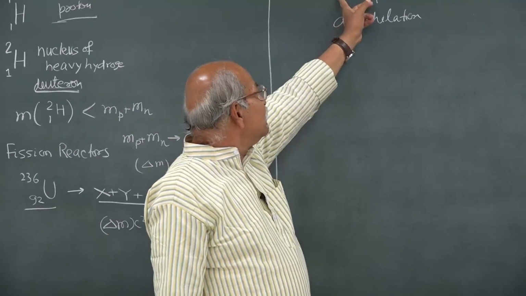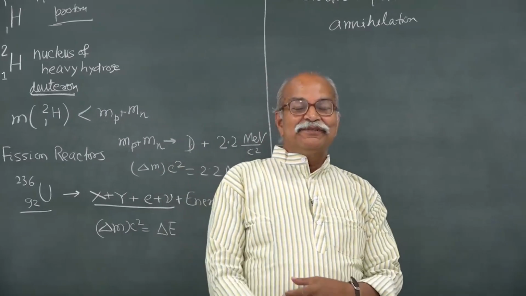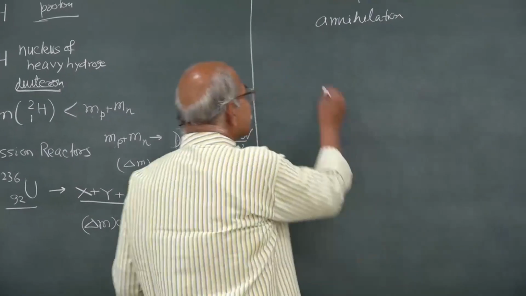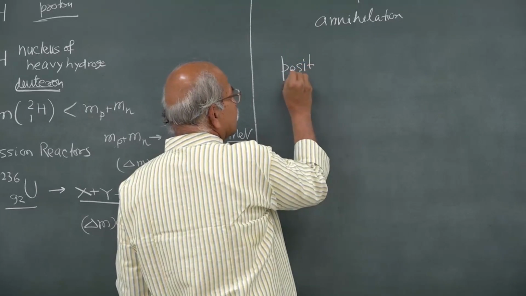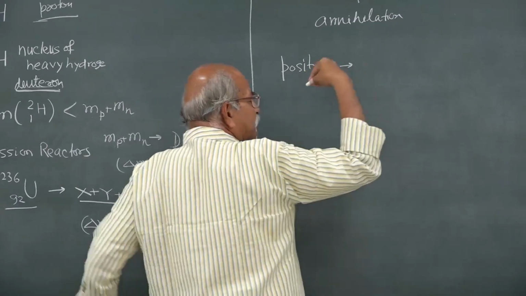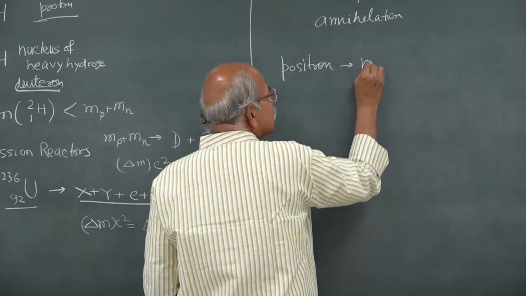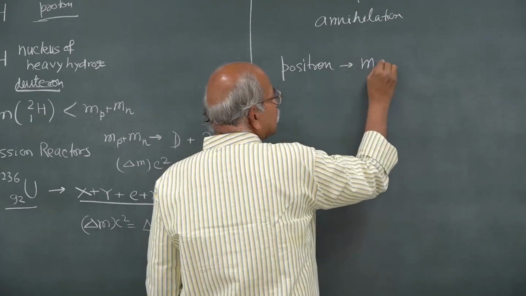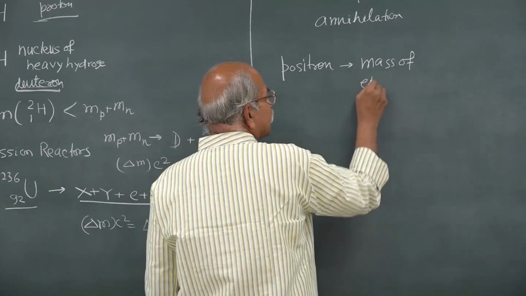Electron you know very well, and positron is just the antiparticle of the electron. The only thing important for us at this time is that it is an image of the electron, you can say.